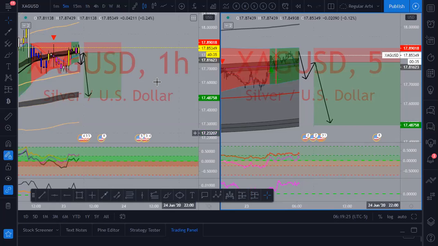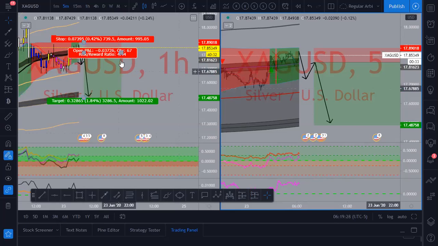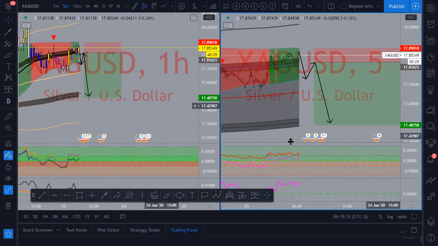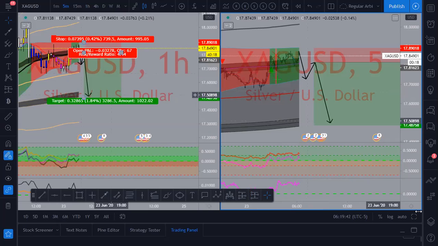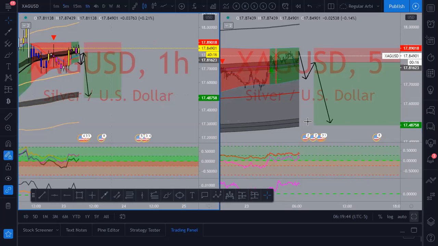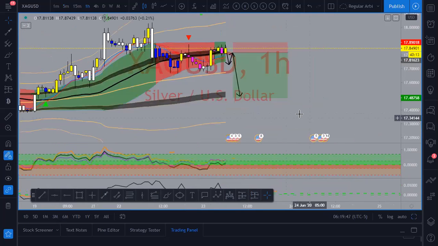We won't even get in, right? So watching out for that. Any questions on silver? All right, no questions on silver. Cool. So that's basically what we got from the 5 minute and 1 hour filters.